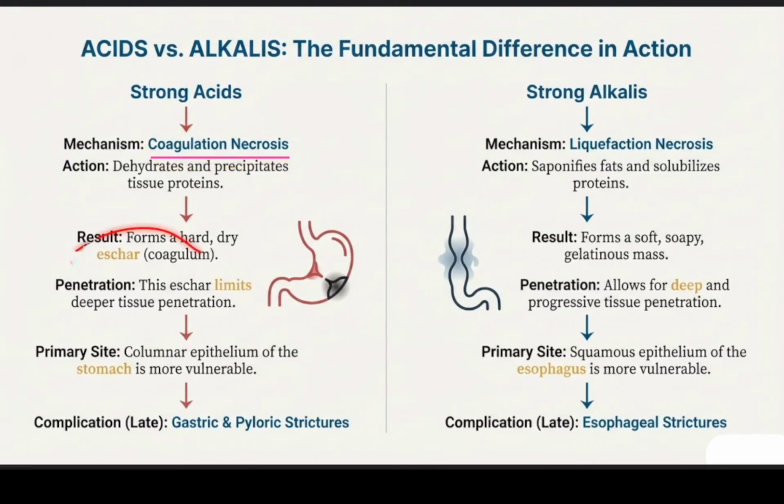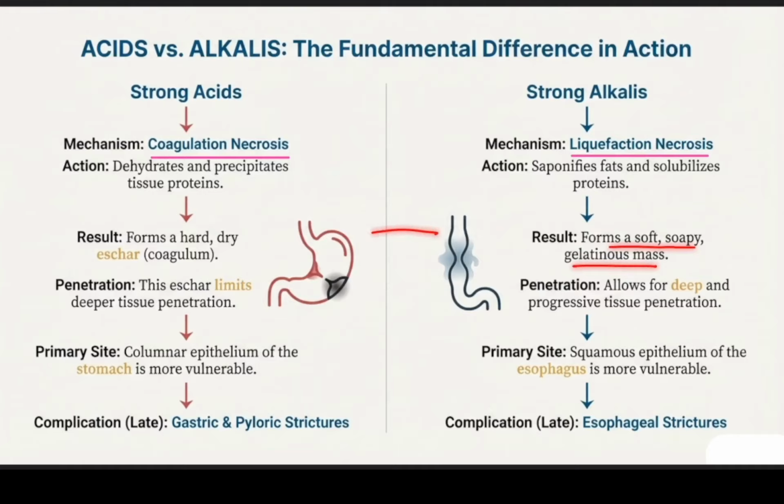What about a strong alkali? In case of strong acids, I was telling about coagulation necrosis, but when we talk about a strong alkali, it is liquefaction necrosis. So what happens? Basically the alkalis saponify the fat and solubilize the protein. Because of that, there is going to be a soft, soapy, and gelatinous mass, just the opposite of what happens in the acids.